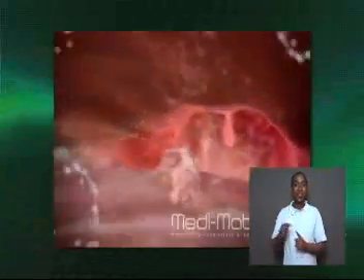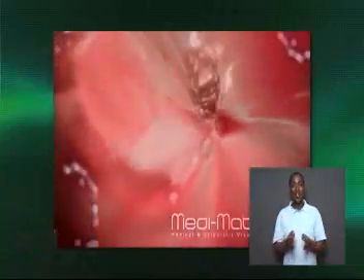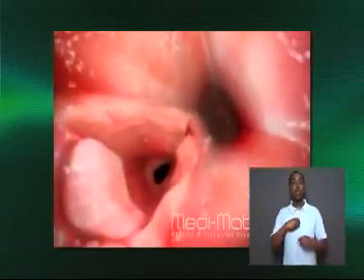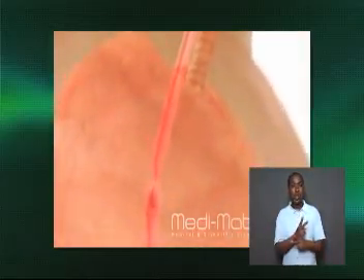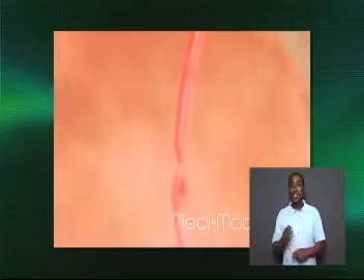Peristalsis also occurs in various other parts of the gut to help move food from one end of the digestive tract to the other. At the lower end of the esophagus is the sphincter. The sphincter is a ring of muscle that is used to control substances coming in and out of the stomach.